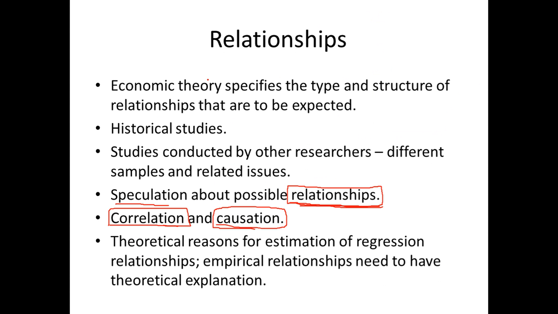In economics, you already know price and such are typical relationships, and they are statistically proven, so you can expect those relationships. If price is increasing, then your selling quantity will decrease.